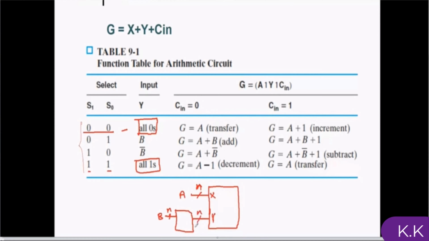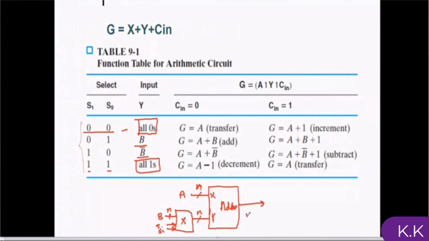So this input B can be equal to B, complement of B, all zeros, or all ones. So these are the 4 possible inputs to the ALU. And the ALU generates G equals X plus Y plus carry input. There is a carry input bit here.